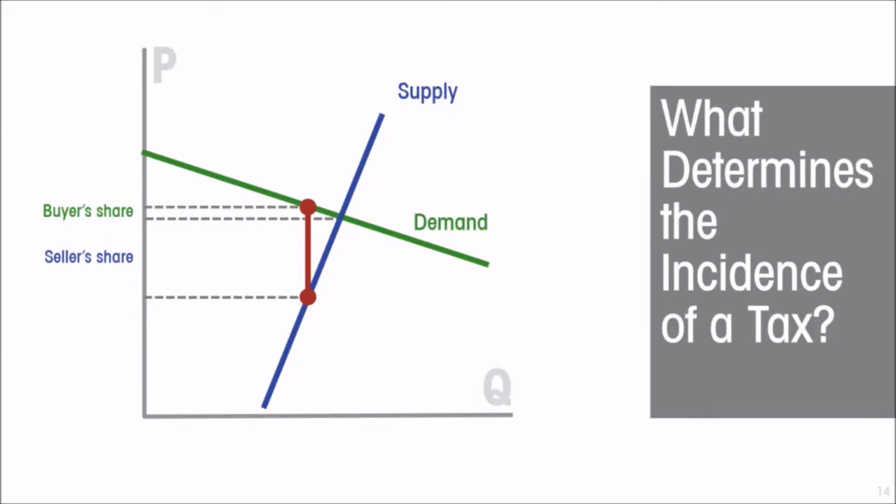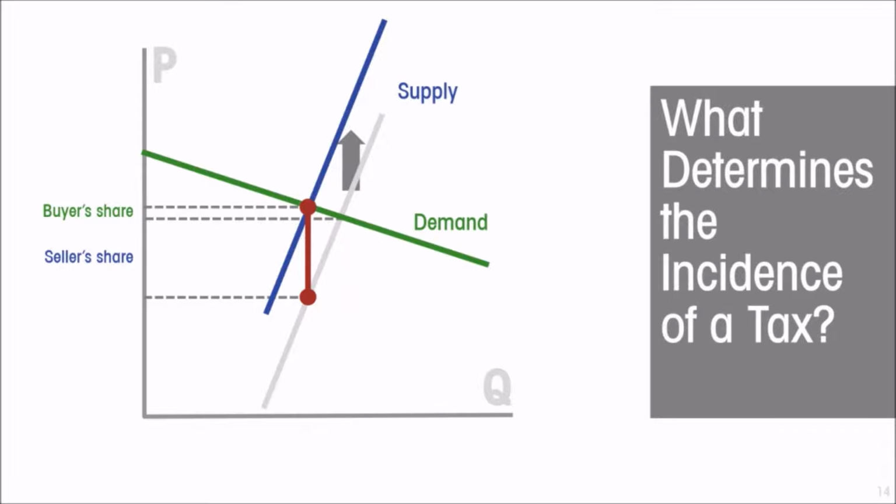Well, no, because if the demand curve is relatively flat compared to the supply curve and a tax is imposed on suppliers, the supply curve shifts upwards vertically by the amount of the tax. Because it doesn't matter which side of the market is taxed, the buyers don't bear a larger share of this burden. We see the buyer's share of this tax is actually quite small.